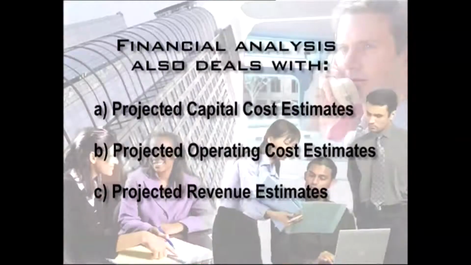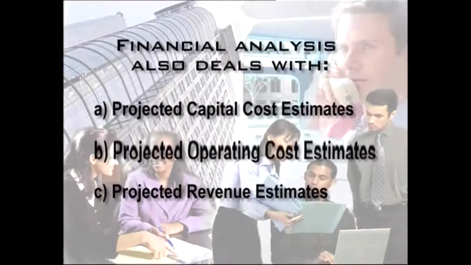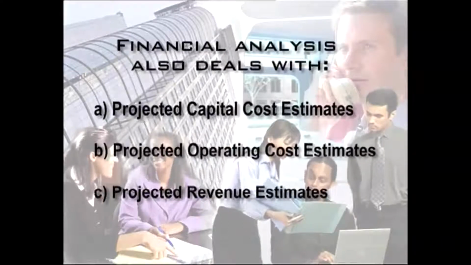The second item of projected cost estimate, as I said before, is the project operating cost estimates. All these that we have discussed now are capital cost estimates, just to set up the plant. But once the plant is up and running, then to operate that plant, you have to incur a lot of expenditure.